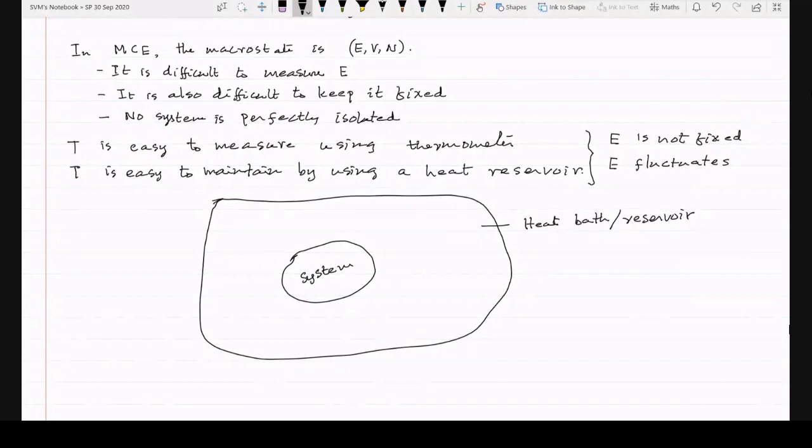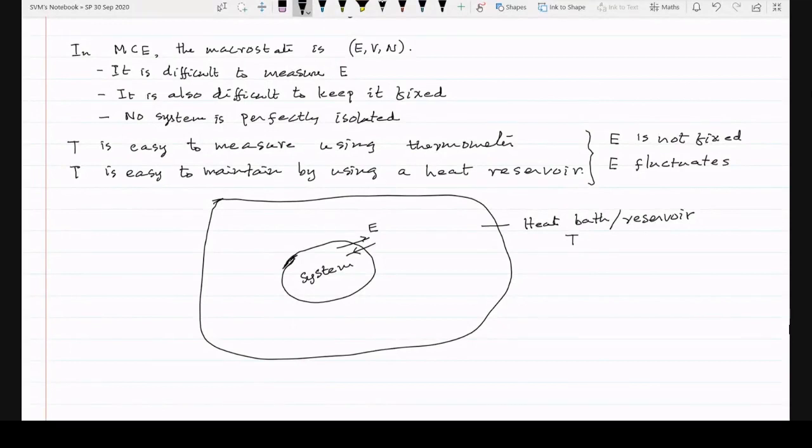And this is maintained at the temperature T. Now the walls or the boundary of the system are such that energy can actually be exchanged. That means energy can go out or energy can come in. So energy is a fluctuating quantity.